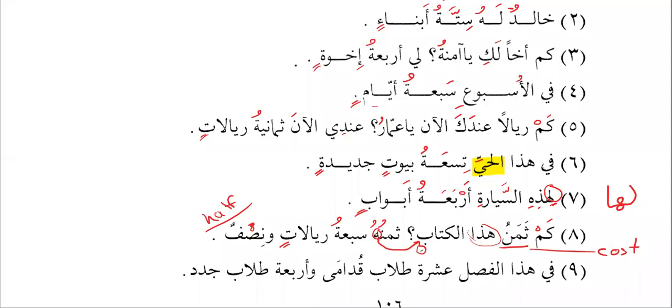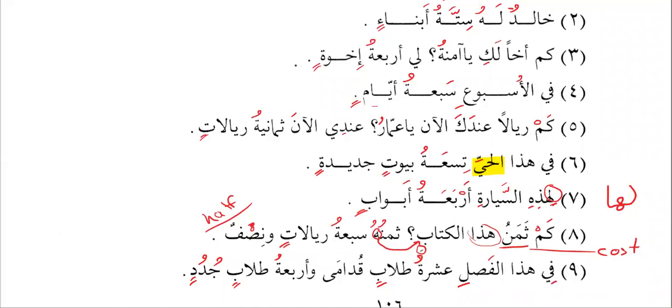أويس. في هذا الفصل 10 طلاب قدامى و4 طلاب جدد. نعم. جيد. ما معنى الجملة?